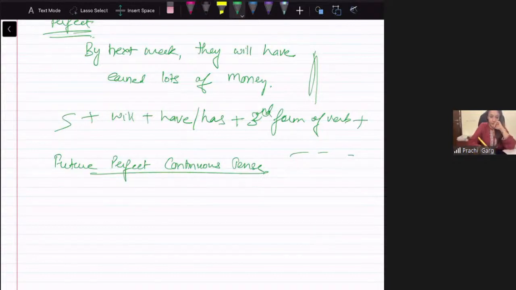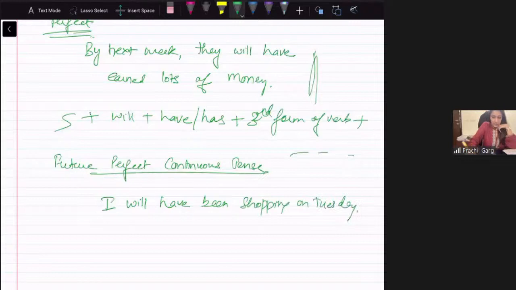In future perfect continuous, again, this is the mix of both. I will have been shopping on Tuesday. The future perfect continuous indicates an action that will have happened for some time and will not be complete yet at a certain point in time in the future.